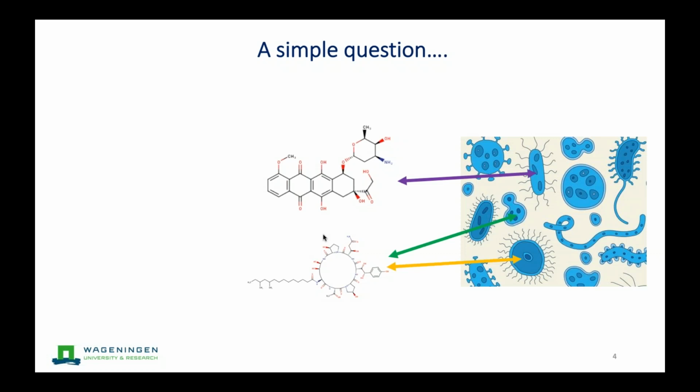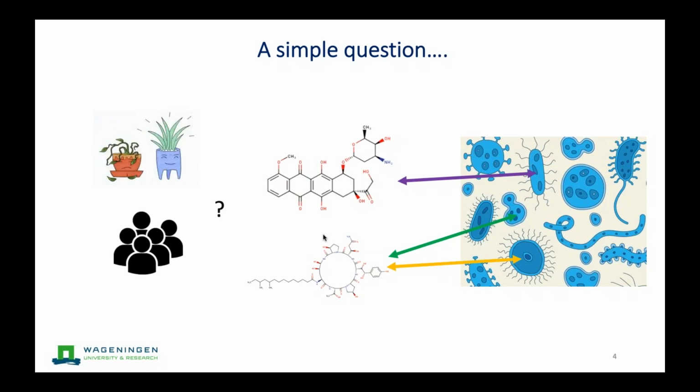And if we know their genomes, we can start to predict which bacteria can produce which kind of molecules, and we can start to make the links. Of course, that doesn't answer questions like, what do they do when you find them in the soil of plants or in our gut, for example. But at least we know the structure, we know where they come from, and we can start to form hypotheses on why they are present or what they are doing.